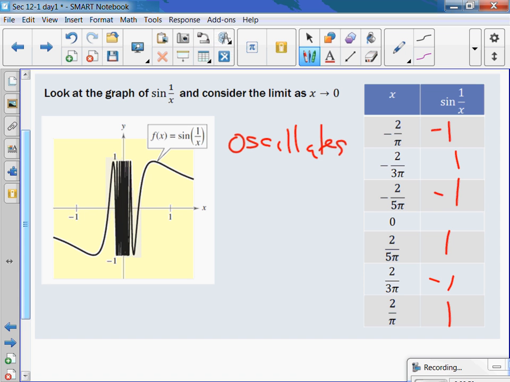Because again, I don't have any particular number that it is approaching. There is no L that my f of x is approaching. It's oscillating between 2 points.